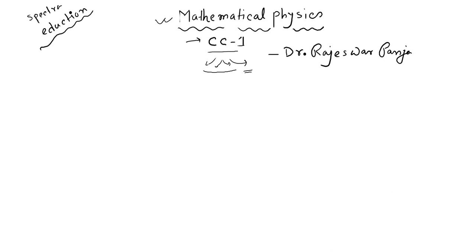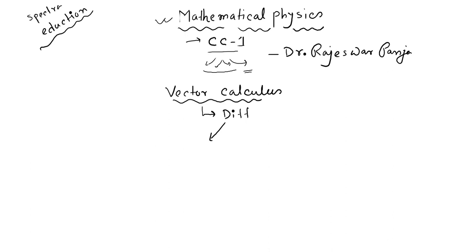So let's start with today's lecture. What we have discussed earlier, let's summarize it. We have started to discuss vector calculus, and in vector calculus we are discussing vector differentiation.